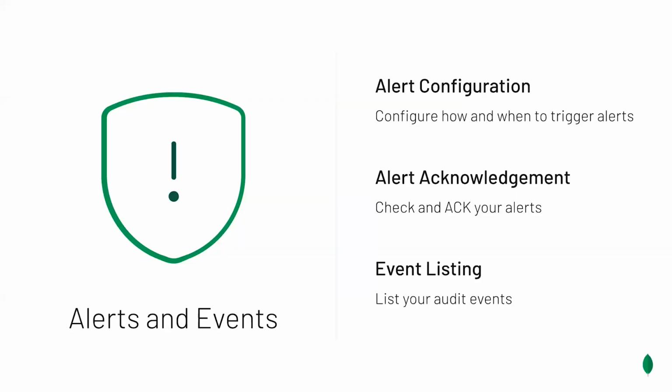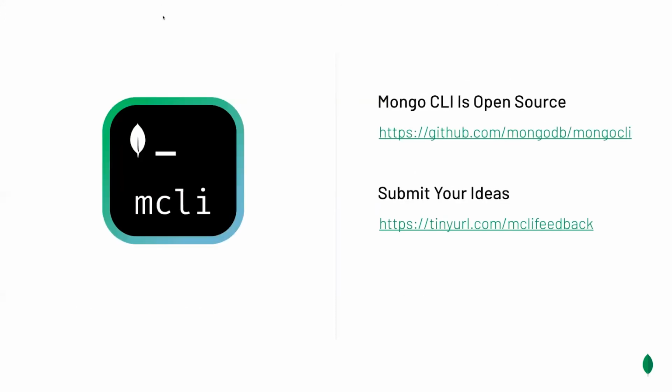Another interesting feature, if you're setting up alerts and events for your infrastructure, you can automate all of these things through the CLI: how you configure your alerts, how you acknowledge them, and how you fetch what's going on in terms of systems.